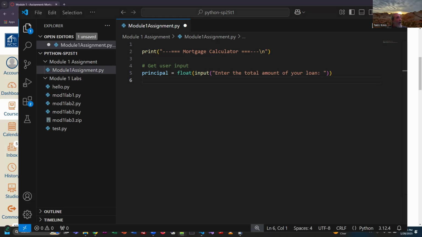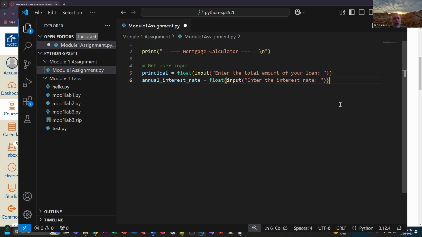I also want to grab the annual interest rate, and notice that when I did this one, and this is a thing that's happened in modern programming. In the old days, when we would capture stuff and store it in a variable, we'd sometimes be capped at the number of characters that we could use. Like, I don't remember if it was Pascal or Basic or one of those languages I learned way back when, where I think you could only use 8 characters or something like that to name a variable.